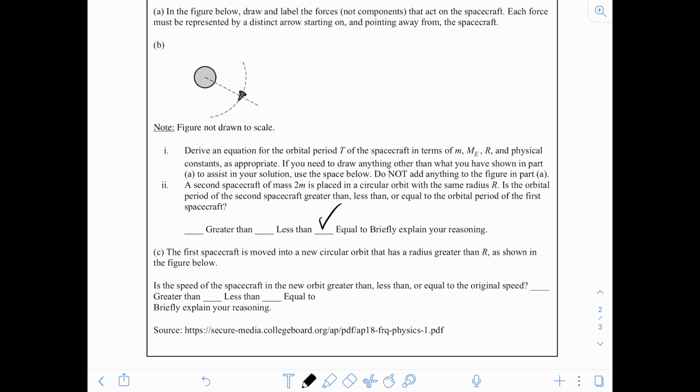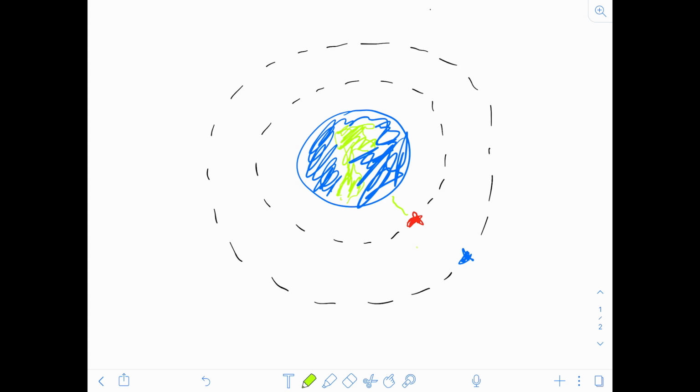Finally, in part C, we are asked if the velocity of the first spacecraft will be greater than, less than, or equal to its original velocity once it has been moved to a new circular orbit with a radius greater than r. Since we know that center-seeking acceleration is equal to the square of velocity over the radius of the orbit, we can use that equation to solve this problem. As the spacecraft is moved into an orbit with a higher radius, the r value in our equation will increase.